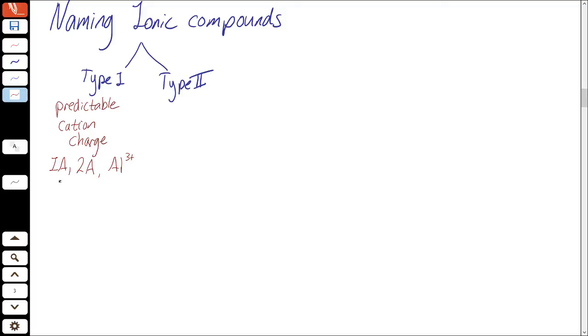So that would be zinc, which is always +2, cadmium, which is always +2, and silver, which is always +1. In addition, this category also includes any polyatomic cations, which for us, the only one we're really going to encounter is ammonium.